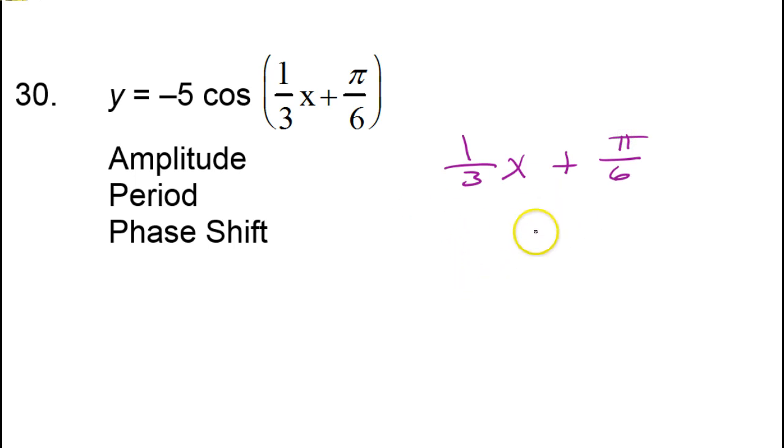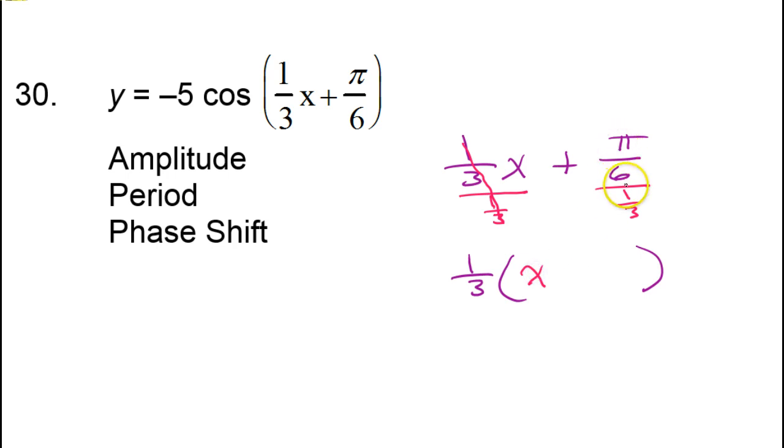Now, in order to read the phase shift, I have to take this 1/3 and factor it outside of parentheses. I can do that if I divide both of these terms by the 1/3 that I'm pulling out. So I have to divide by 1/3. That way these are going to cancel out and I'm just going to have x.